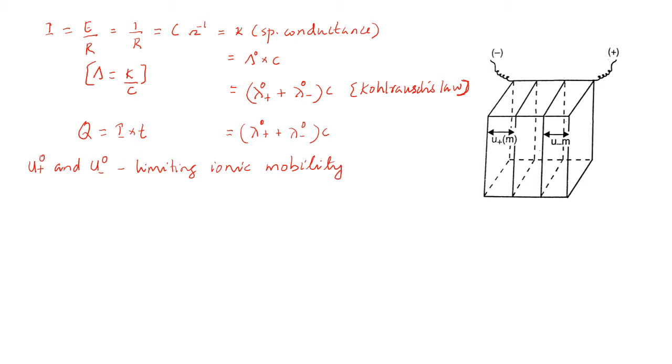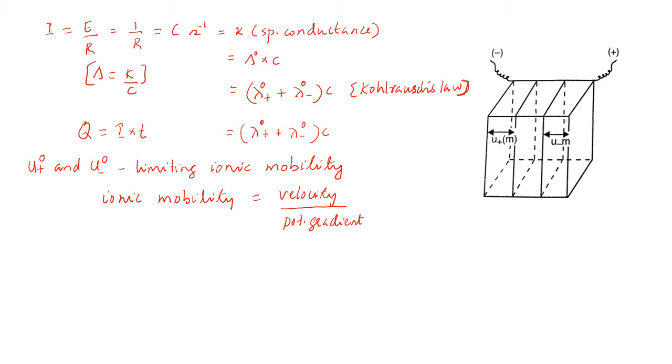And we know ionic mobility equals speed of the ion divided by potential gradient, or the distance traveled by the ion in unit second divided by potential gradient.